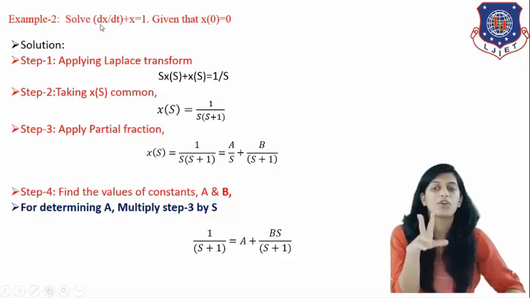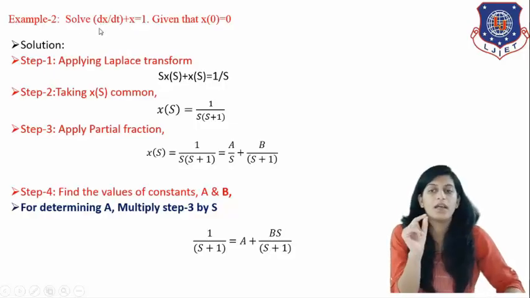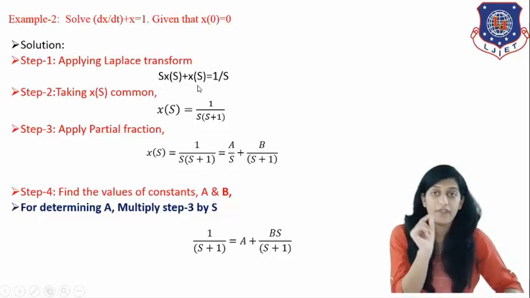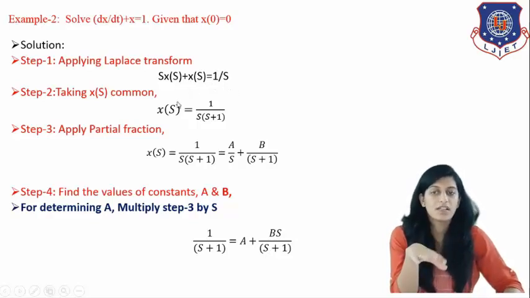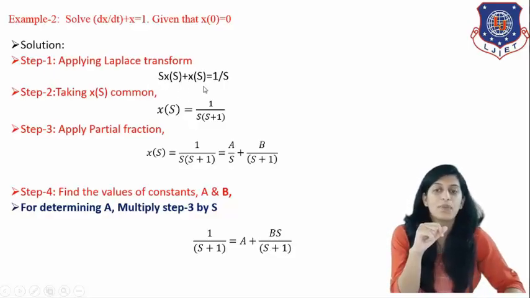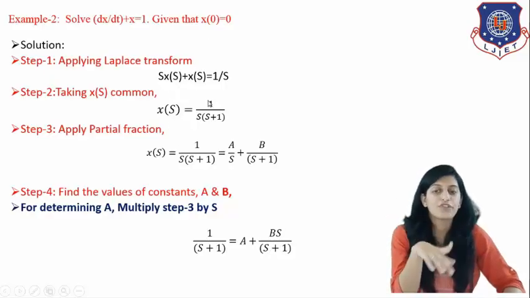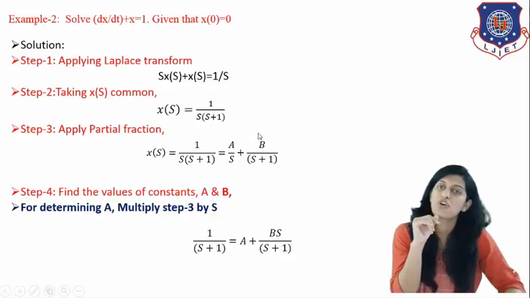So total number of terms will be 2. Dx by dt can be written as s x of s plus x of s equals to 1 by s. Shift the term, take x of s common from here, so you will be getting s plus 1. So I have taken x of s common and shifted the term, so it will be 1 by s into s plus 1.